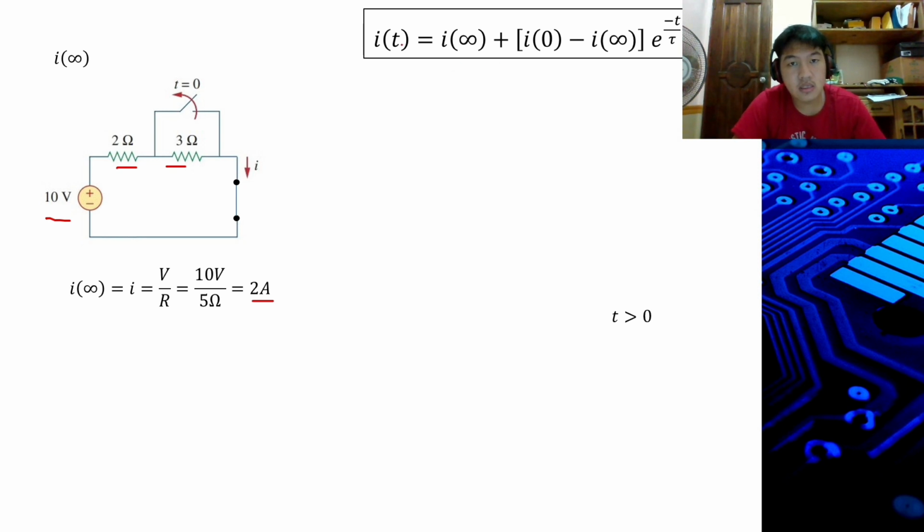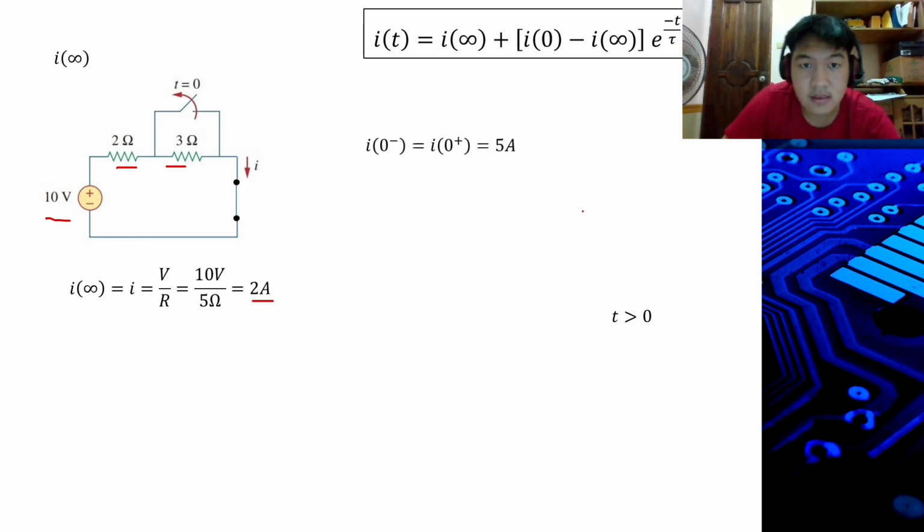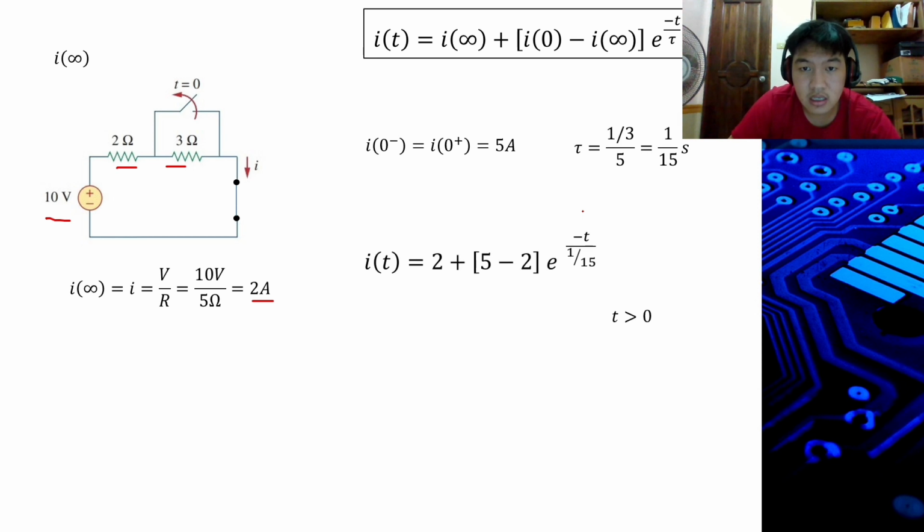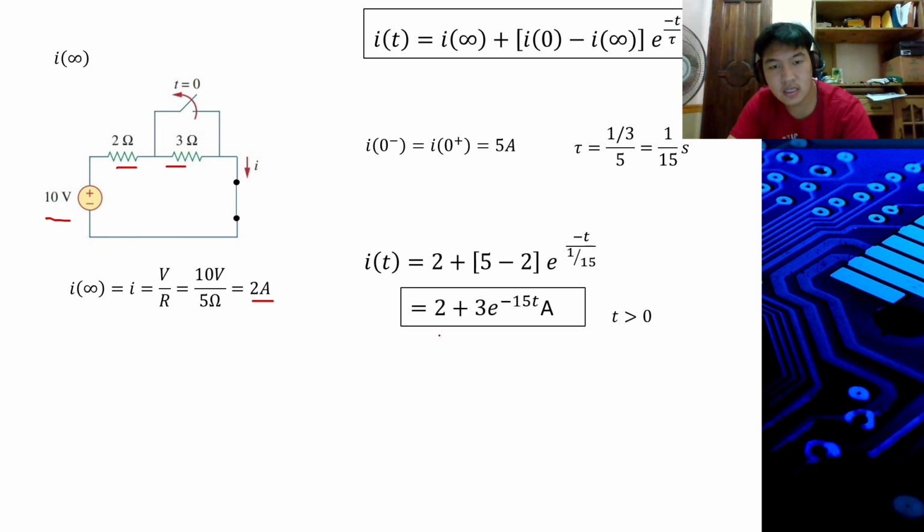Using this formula, we have 5 amps and 1/15 seconds for tau, so i(t) = 2 + (5 − 2) e^(-t/(1/15)), or just 2 + 3 e^(-15t) amps.